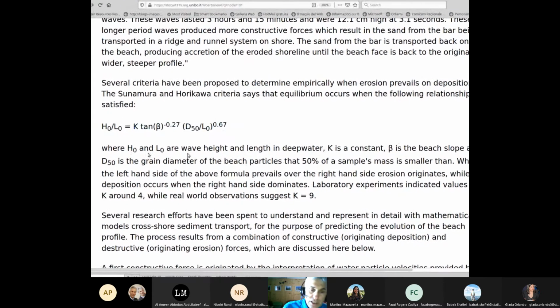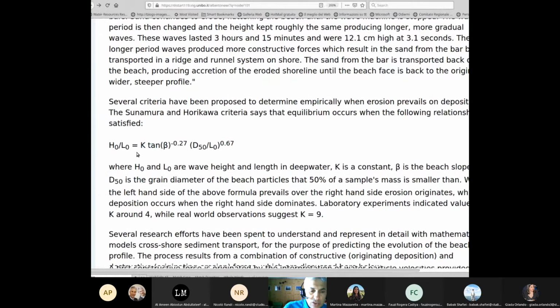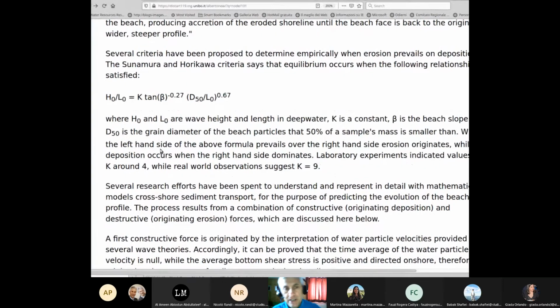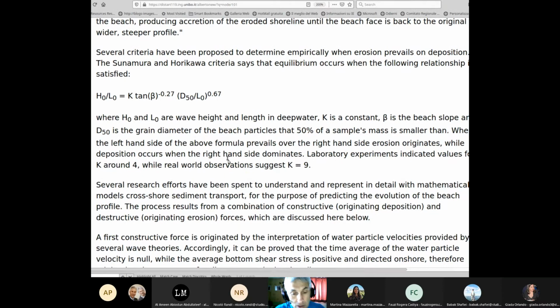So as you see, it is extremely easy to apply, and maybe a good support in order to get a first understanding, as I say, because sometimes you are brought into a beach and, okay, there might be erosion, but you don't know at a first glance the intensity of such erosion, and an empirical relationship may really help you to understand if the beach is close to equilibrium or is far from equilibrium.